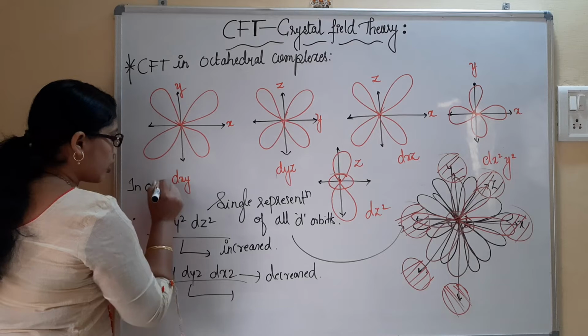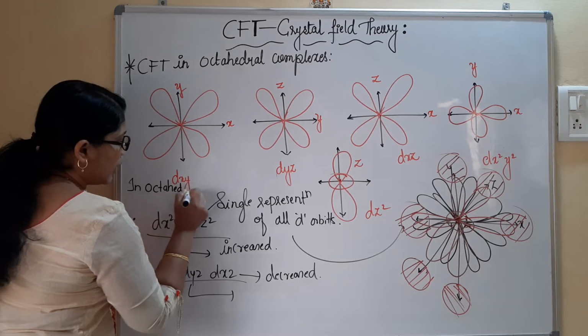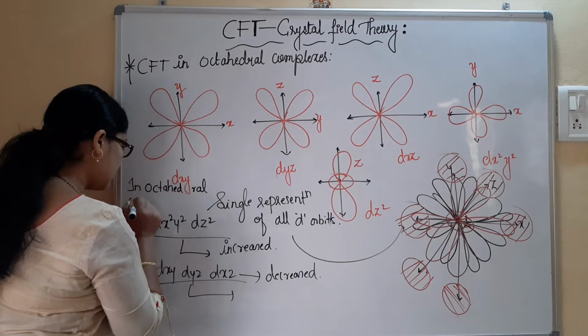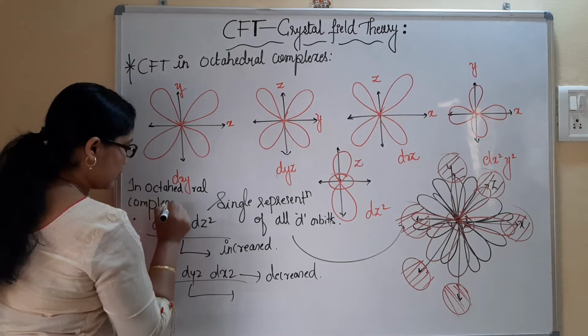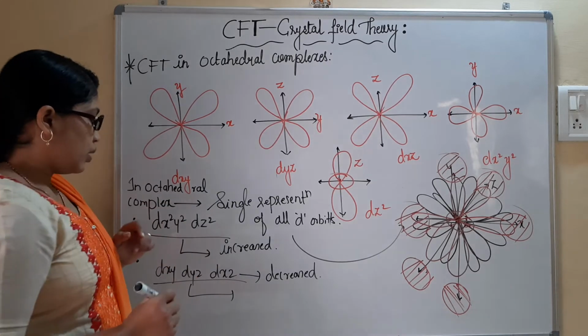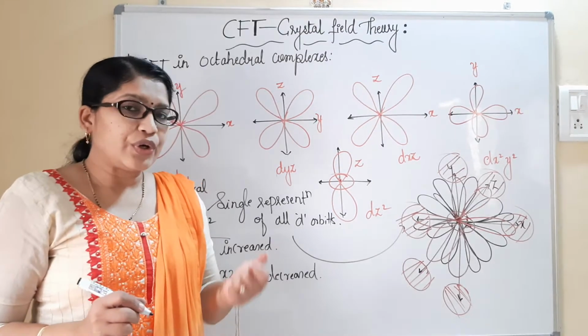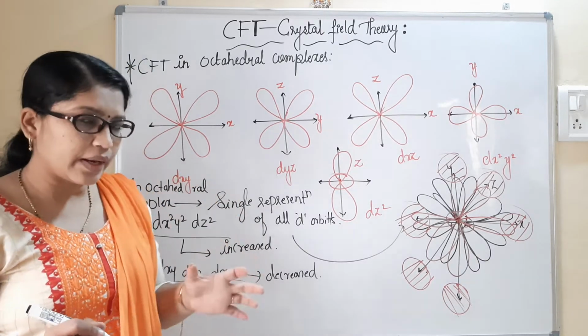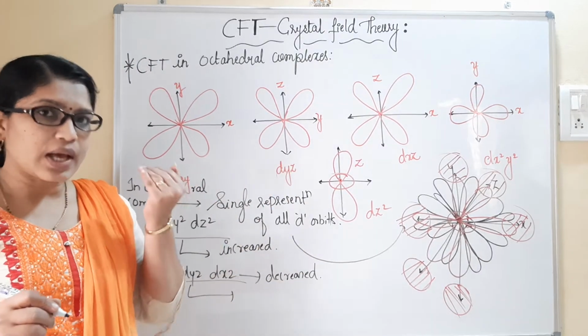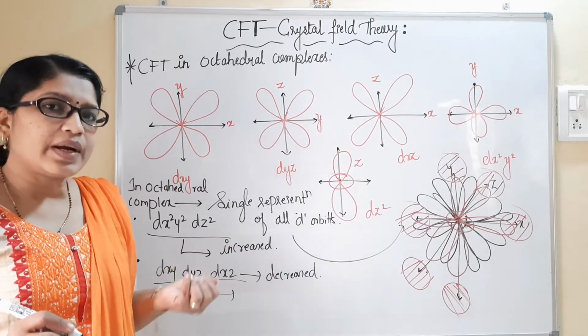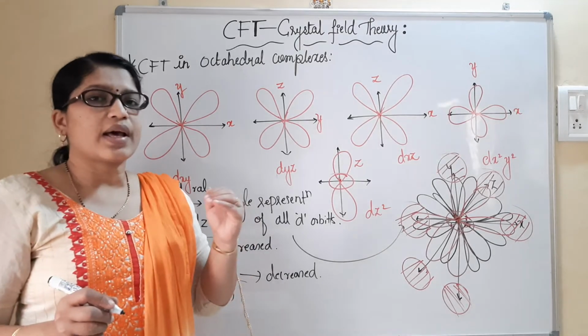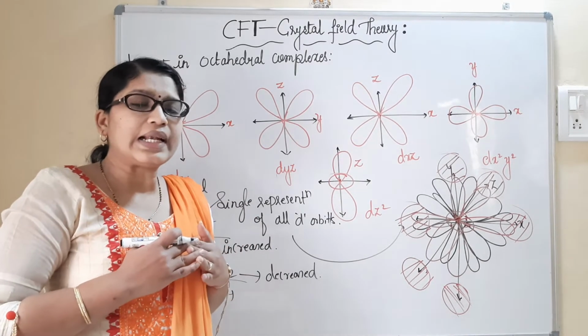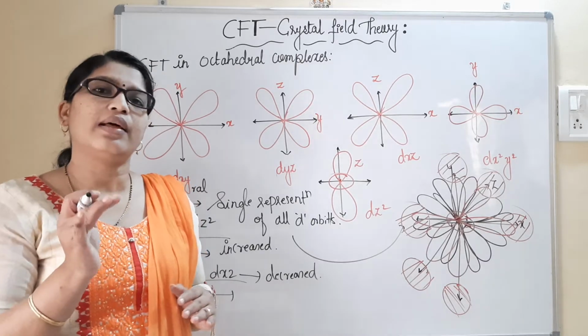In octahedral complexes, degeneracy is going to be altered when ligands approach along the axis. Orbitals which are present along the axis are completely going to be repelled by the ligands.